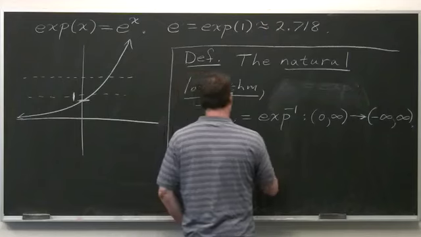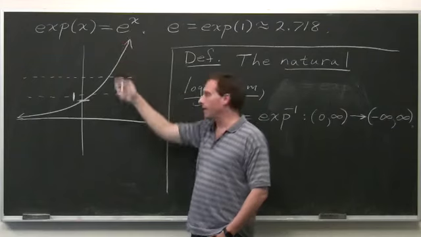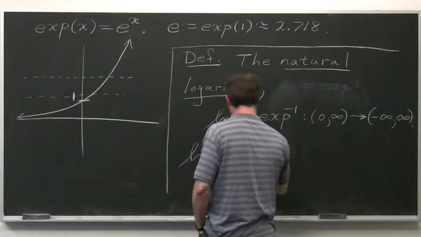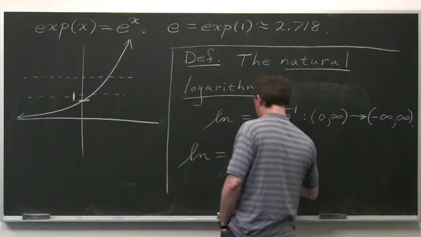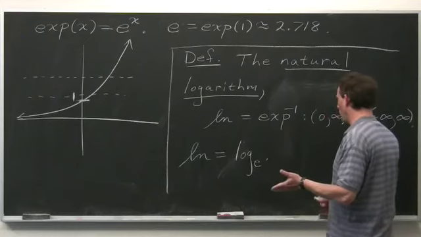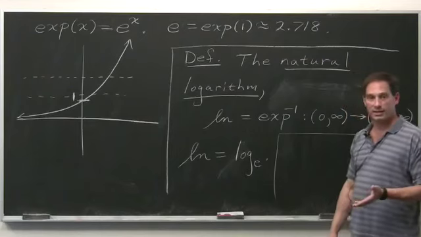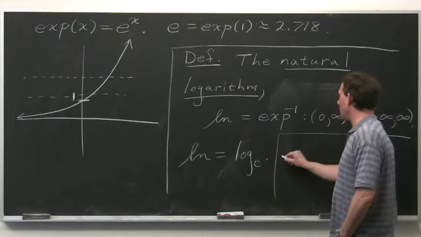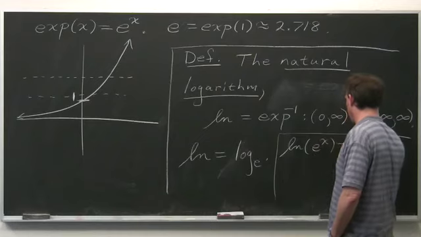This is also written, since we have exp of x is e to the x, it's also true that natural logarithm is the same as the log base e. That is, it's the function that undoes raising e to powers. So because they're inverse functions, raising e to the x, so I'll start saying raising e to the x instead of exp of x, we get that ln of e to the x equals x.